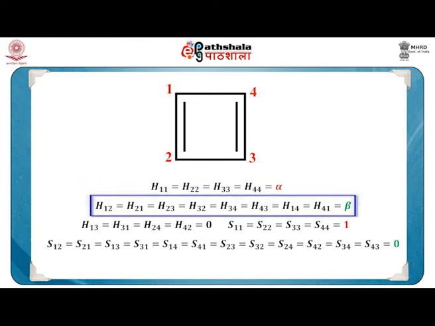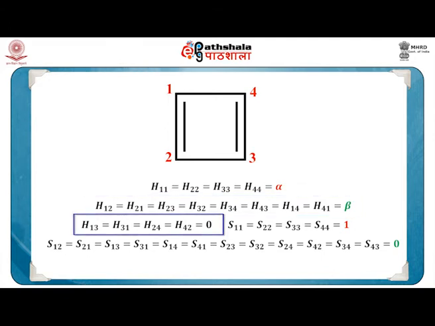Similarly, H13, H31, H24 and H42 will be individually equal to 0, because here these atoms are not directly connected to each other.